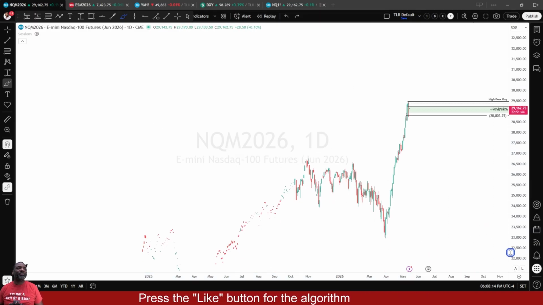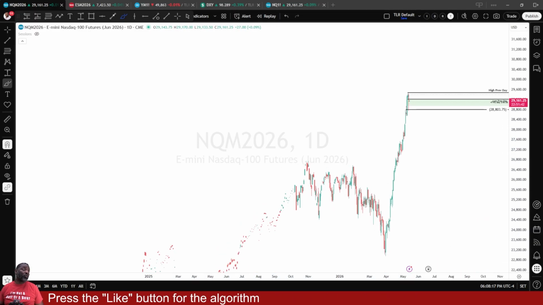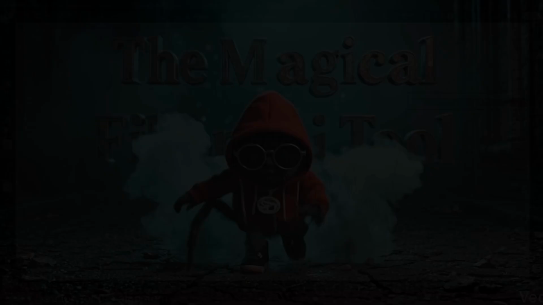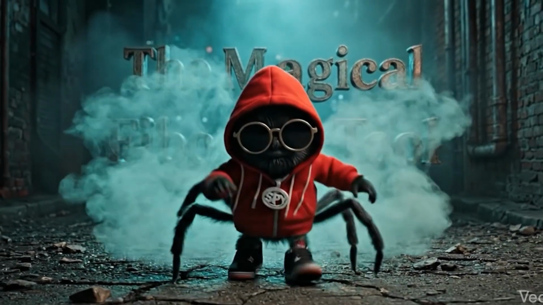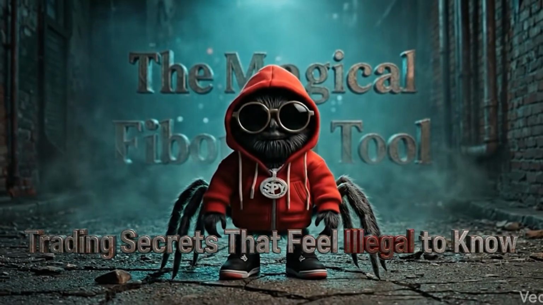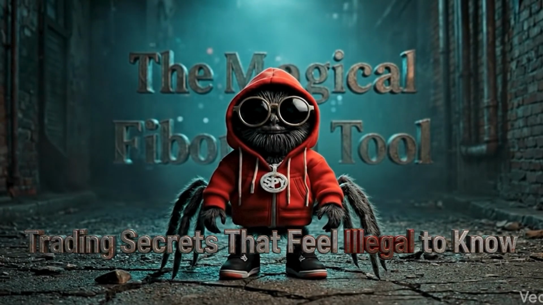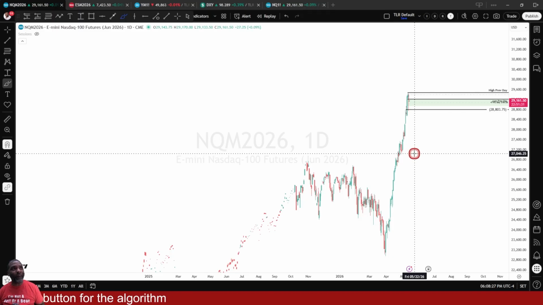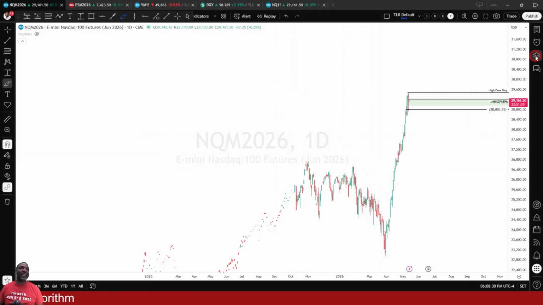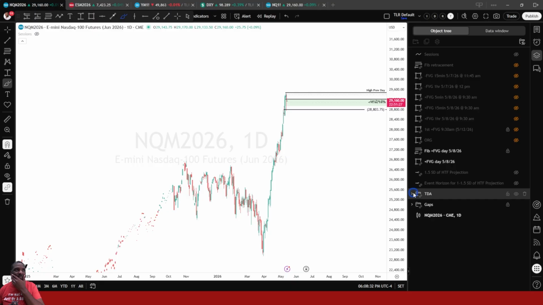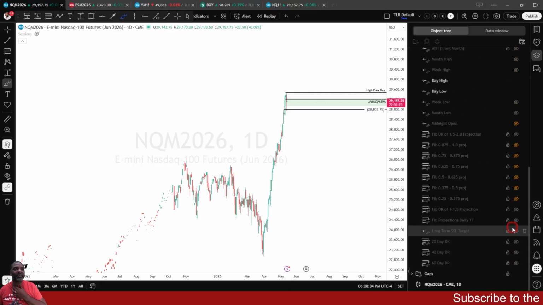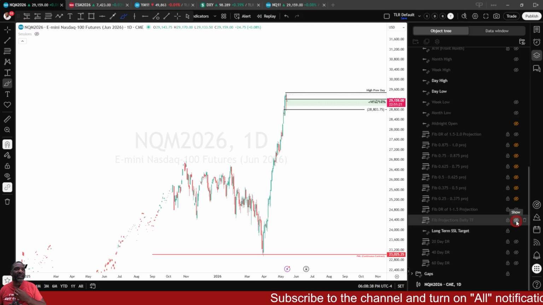So what do we do? We reached out and grabbed the Magical Fibonacci Tool. Trading secrets that feel illegal to know. You hear me? So we went and got our Magical Fibonacci Tool and we anchored it down there, that's our sell side.